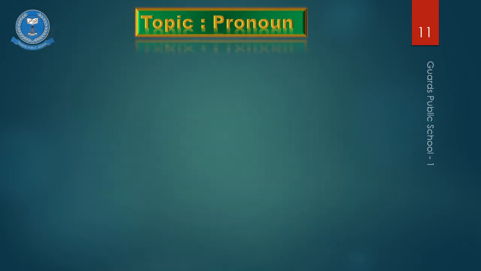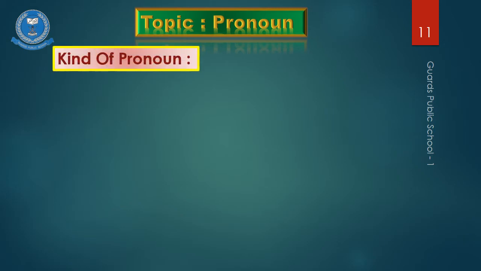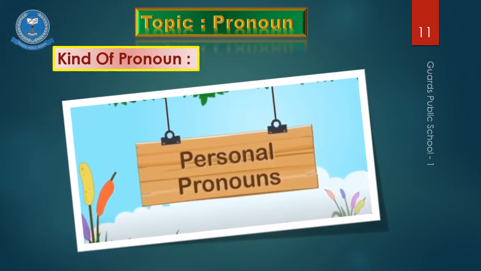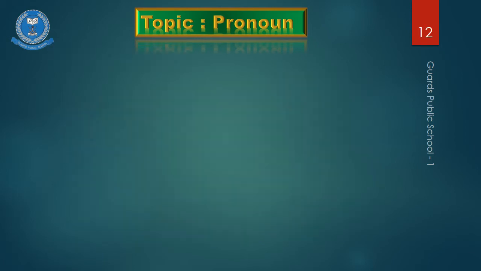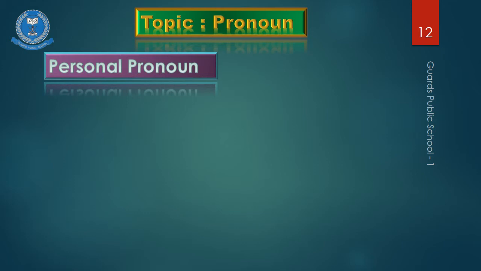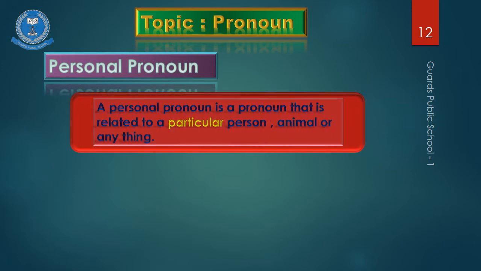Now, here comes the type of pronoun. The type of pronoun which we will be discussing today is personal pronouns. My dear kids, here comes personal pronoun. A personal pronoun is a pronoun that is related to a particular person, animal, or thing.